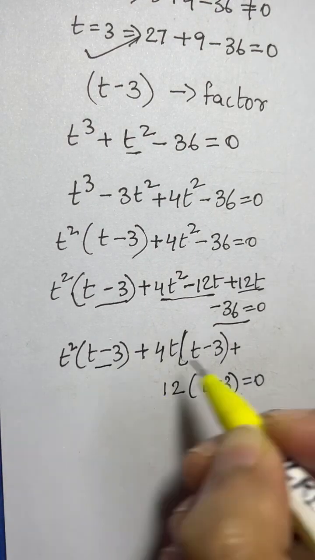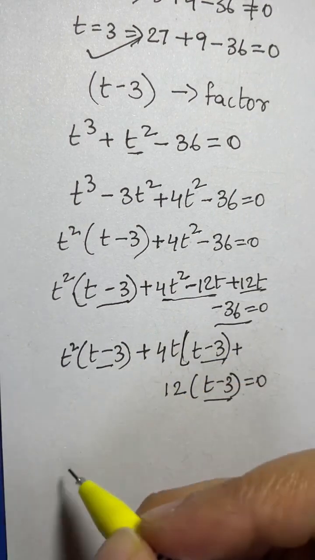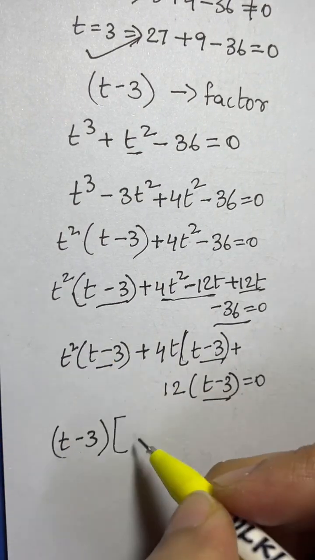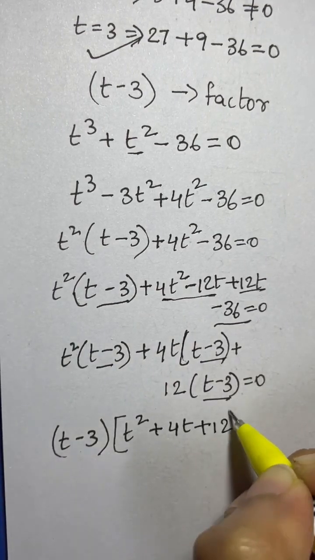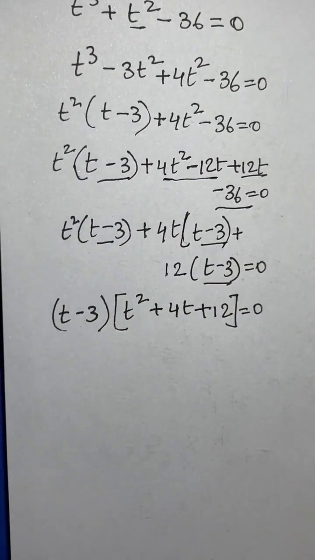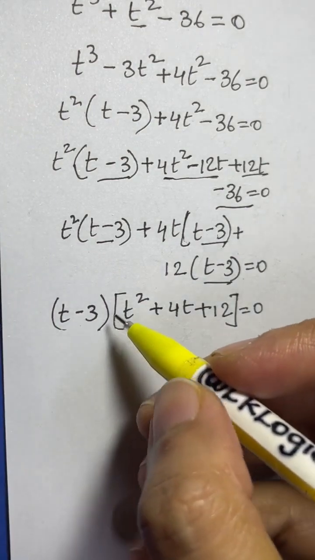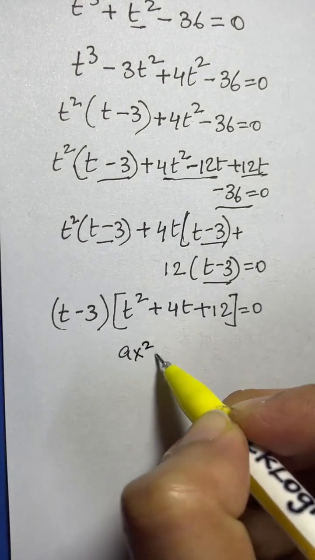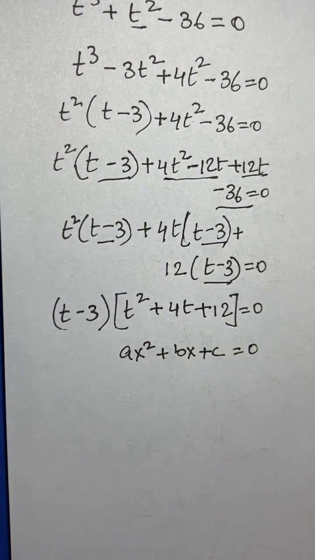So you've got t minus 3 as a factor in all three terms. We can take out t minus 3 common. When we take it out, we are left with t squared plus 4t plus 12 equals 0. Now we have a quadratic equation in the form ax squared plus bx plus c equals 0.